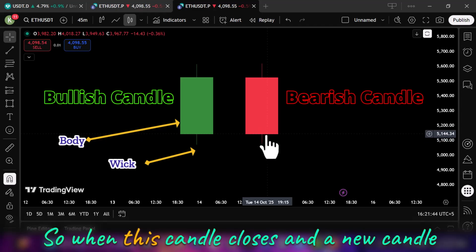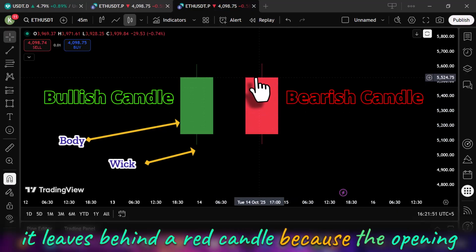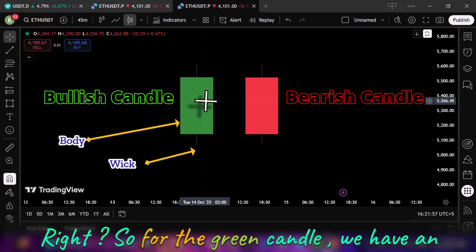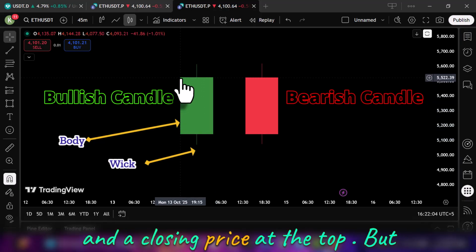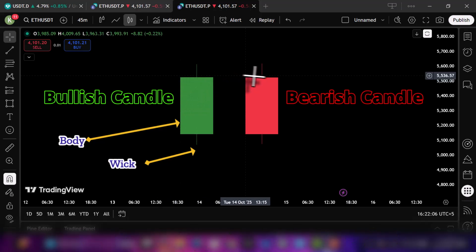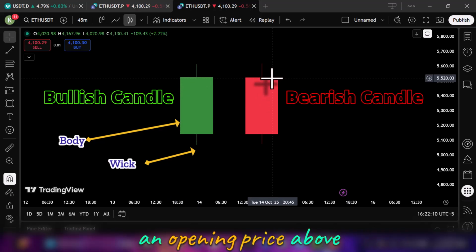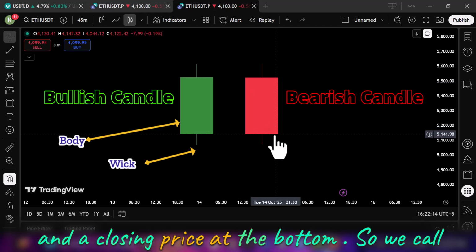So when this candle closes and a new candle forms, it leaves behind a red candle because the opening price was above and the closing price was below, right? So for the green candle, we have an opening price at the bottom and a closing price at the top. But on a bearish candle, we have an opening price above and a closing price at the bottom.